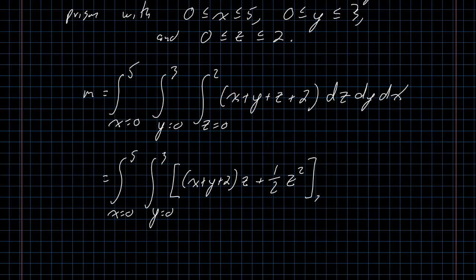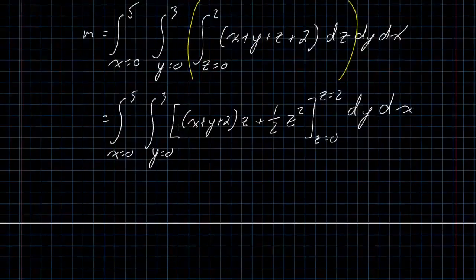And we evaluate that when z is 0 and when z is 2, and we still have our dy and our dx. So again, we're using iterated integrals. We're integrating with respect to z, and then we'll integrate with respect to y, and then we'll integrate with respect to x. It's the same thing as area integrals, just more complicated because we've got 3 variables instead of just 2.